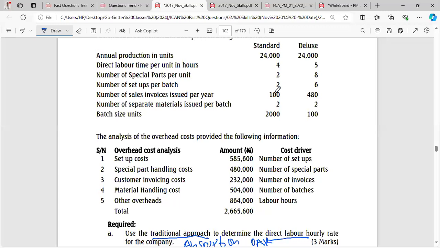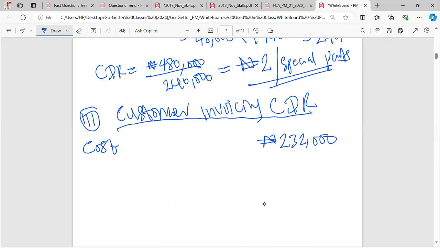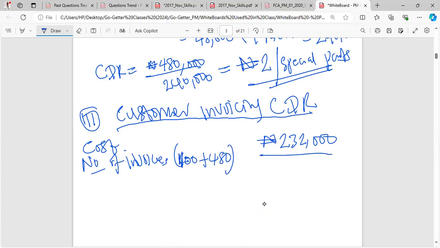We have 400 at 104.80, that is 100 plus 480, and that gives us 580.